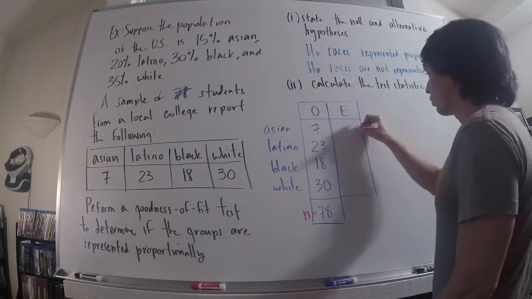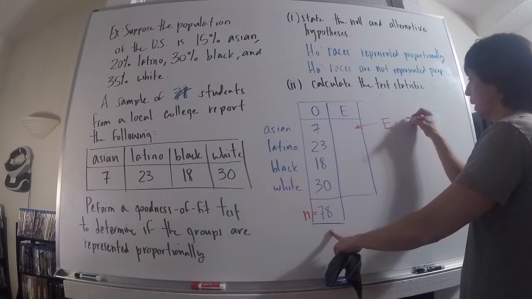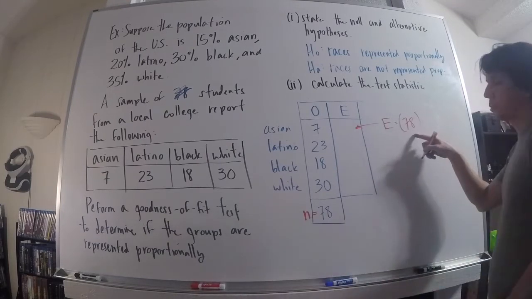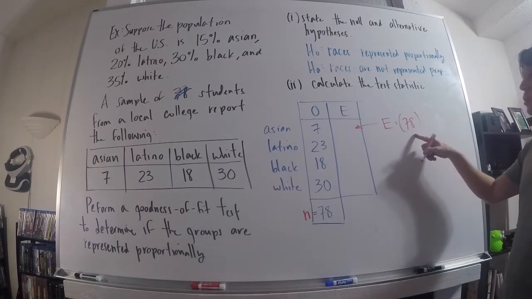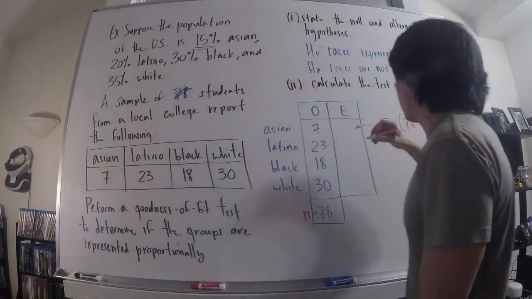So for Asians, the expected number of Asians out of 78, what do we expect? We expect a certain percentage of the 78 to be Asian. What percentage? These are our proportions based on the population proportion.